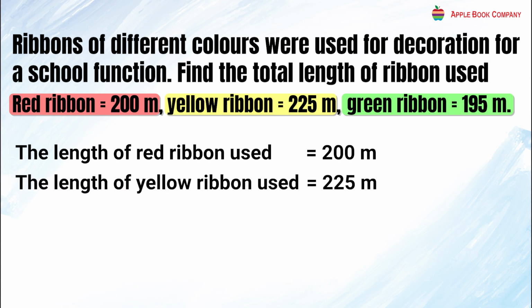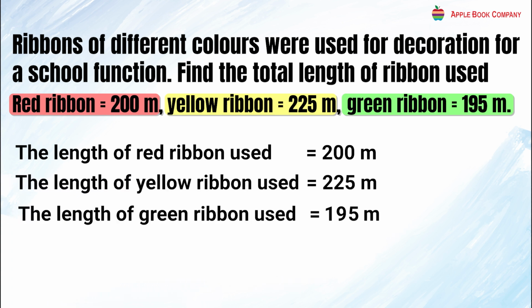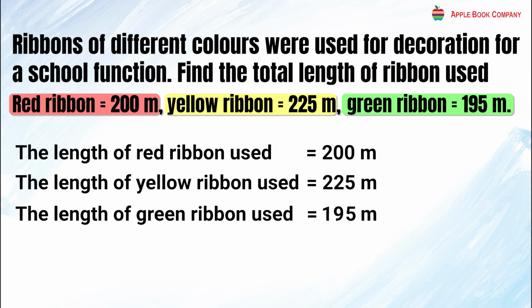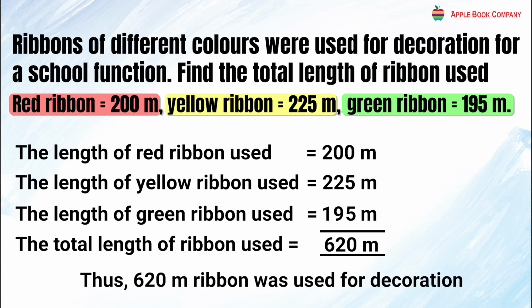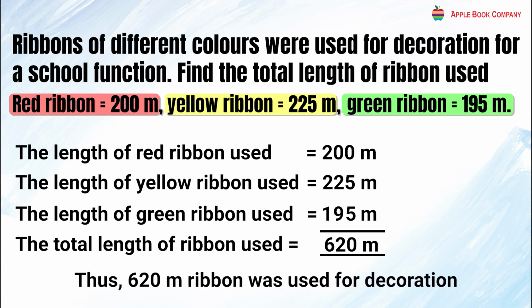Yellow ribbon 225 meters. Green ribbon 195 meters. The total length of the ribbon used is equal to 200 plus 225 plus 195, which is equal to 620 meters. Thus, 620 meters of ribbon was used for decoration.